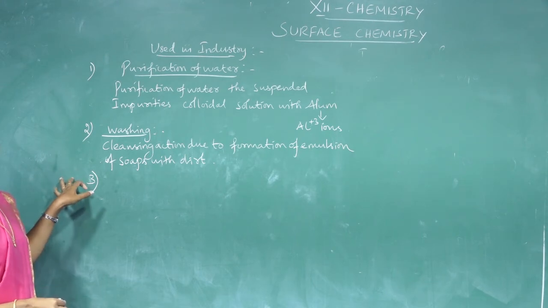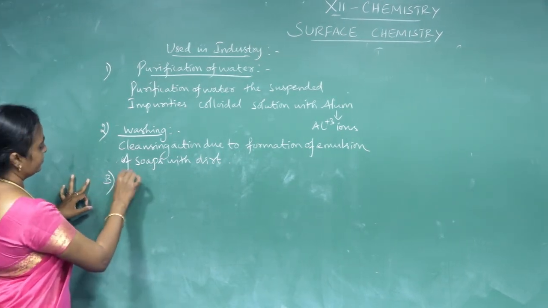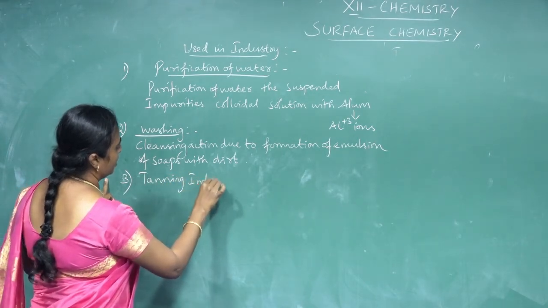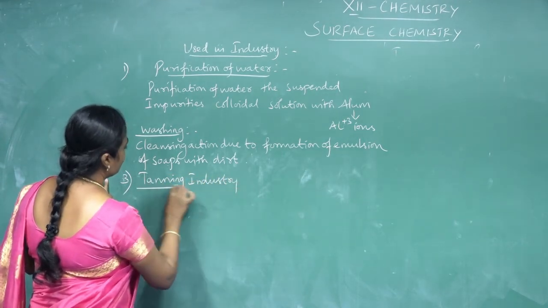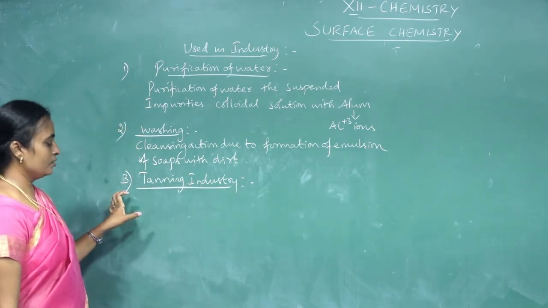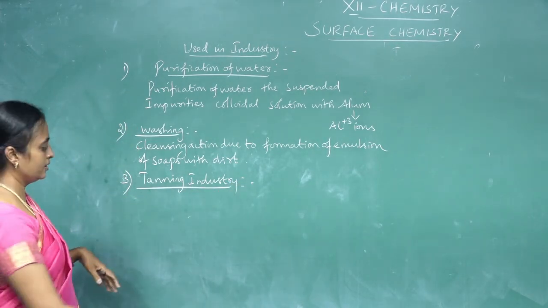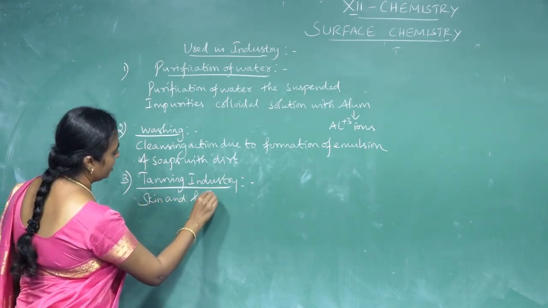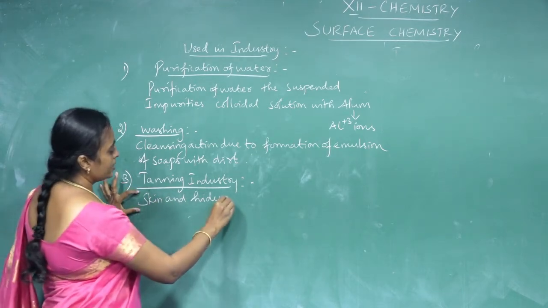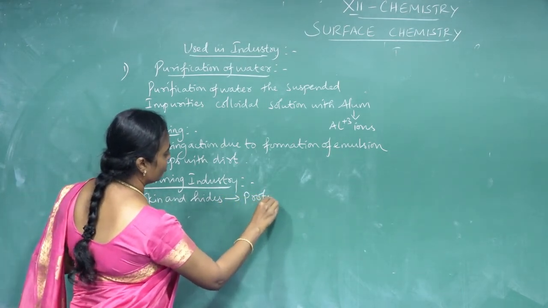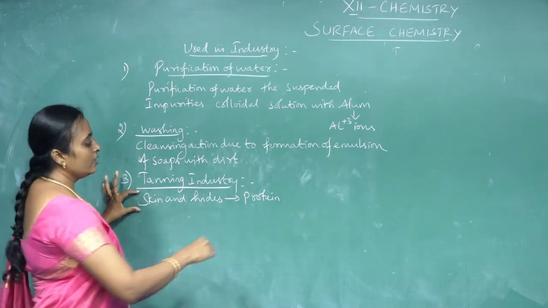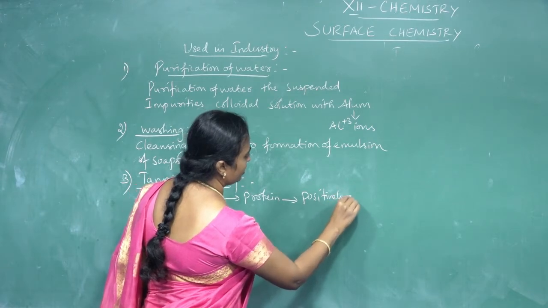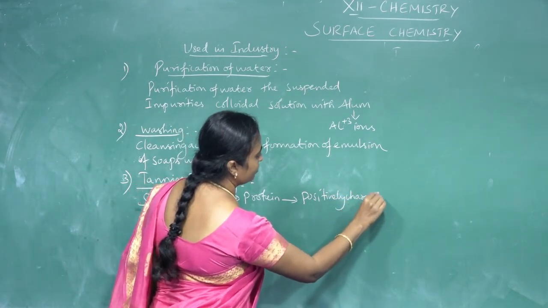And the third one is the tanning industry. Skin and hides are rich in proteins, and this is a positively charged material.